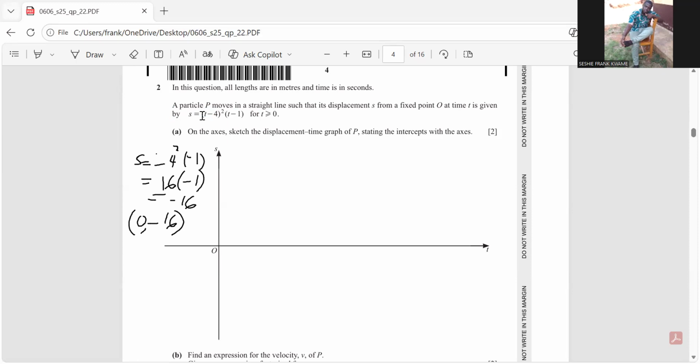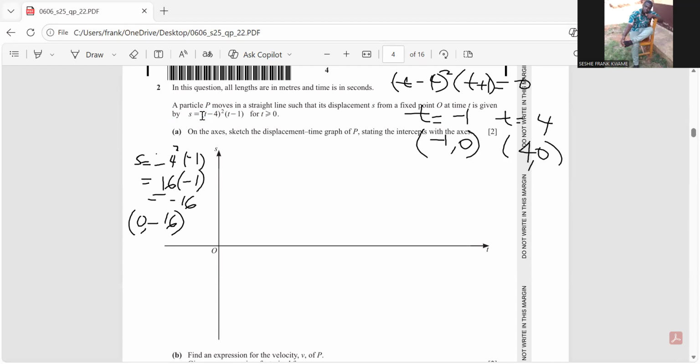At the t-intercept, s is 0. So we have t minus 4 squared times t plus 1 equal to 0. So t plus 1 equal to 0, t is negative 1. And t minus 4 squared equal to 0, so t minus 4 equals 0, t is 4. So we have negative 1, 0, and also 4, 0.